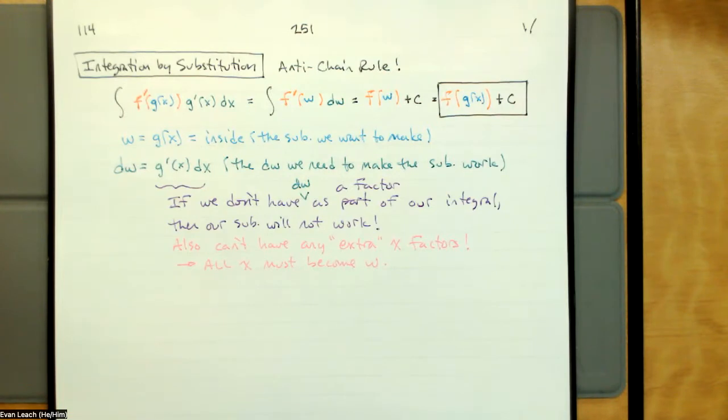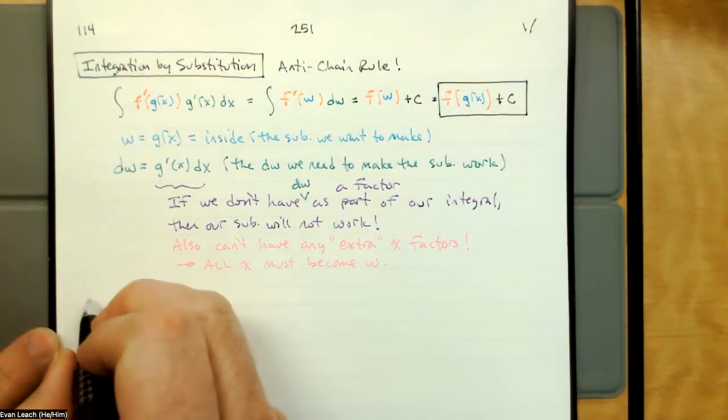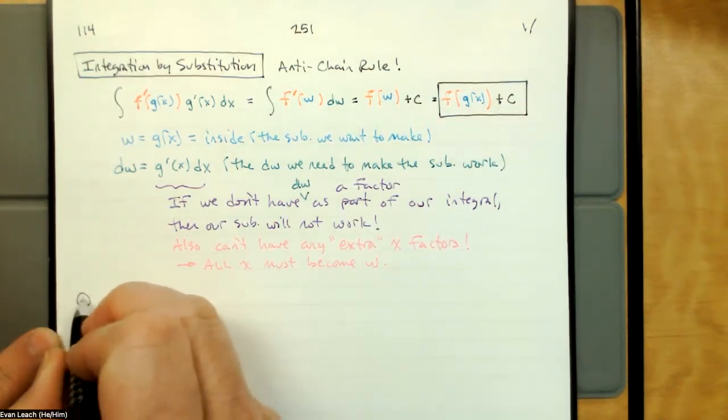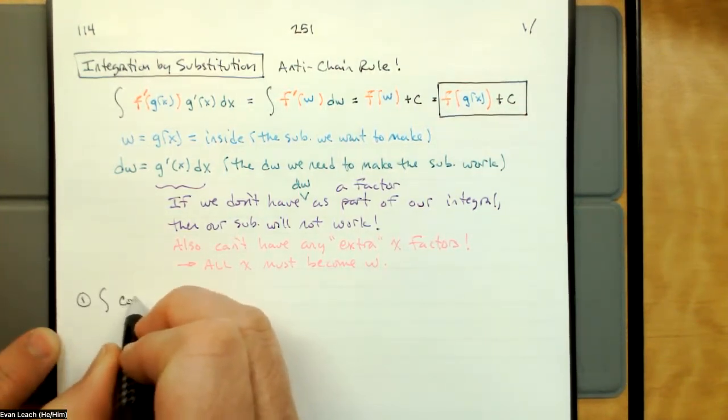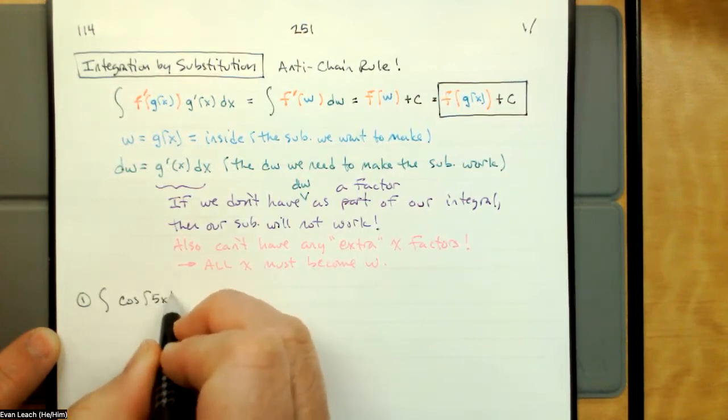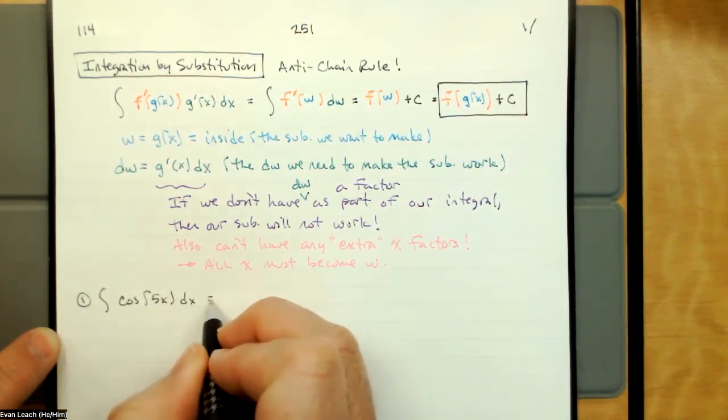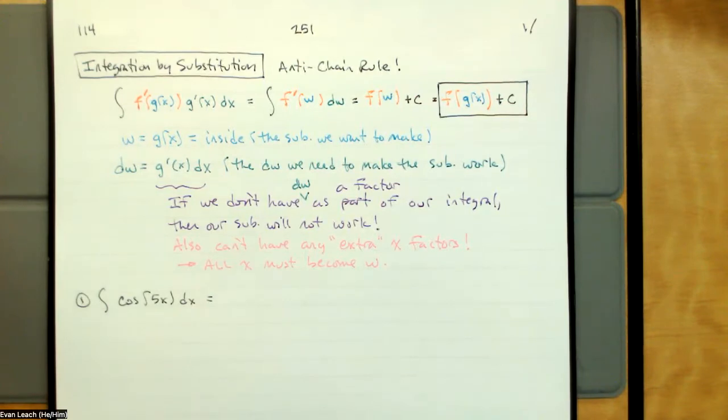A lot of the times, we don't need to go through an entire process. We know what's going to happen. That's our intuition taking over. So in our first problem, I didn't even include the 7. When we had the integral of just cosine of 5x dx, we know that the integral of cosine is sine, because the derivative of sine is cosine, and the inside is just a 5x.